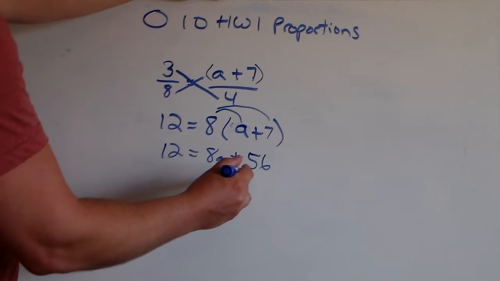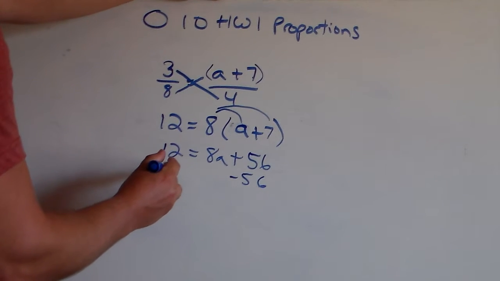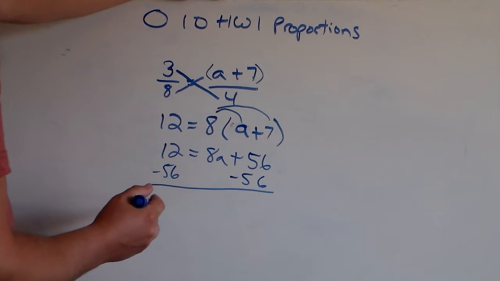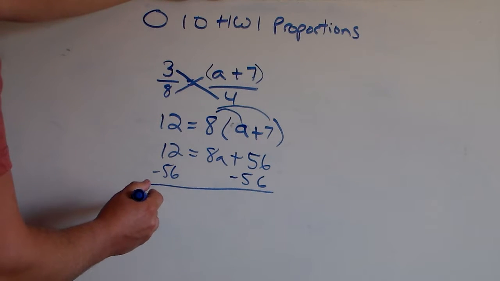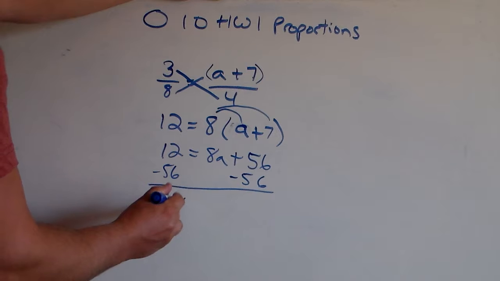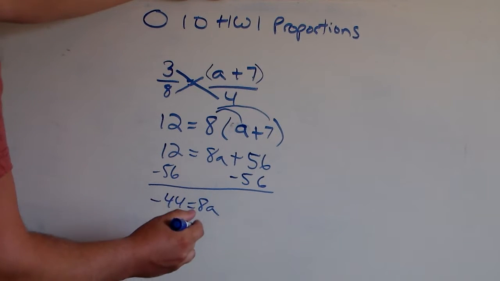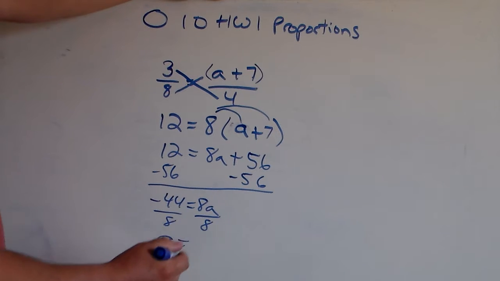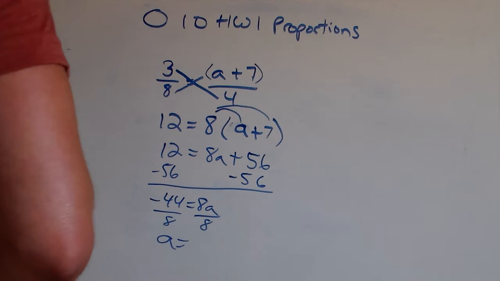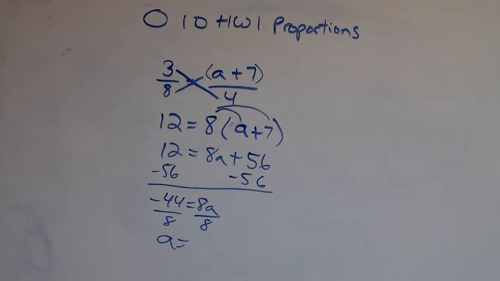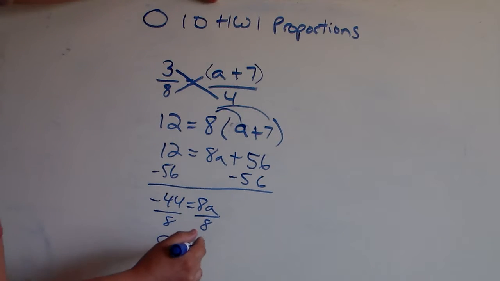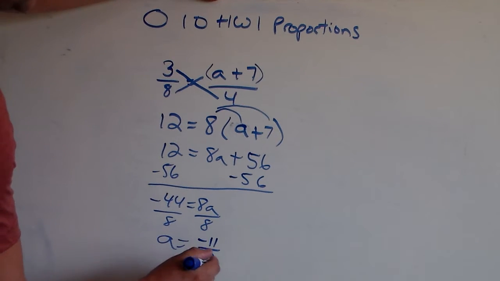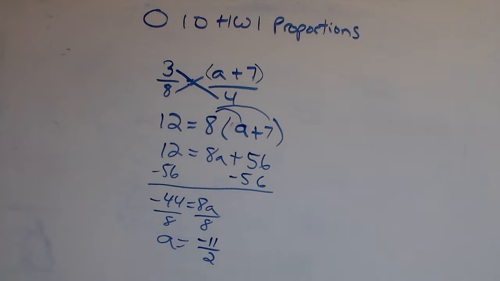Then what we do, we subtract 56 from both sides, which we get then negative 44 equals 8A. We then divide by 8, and we get A equals, well, negative 44 divided by 8 gets us negative 11 over 2. Negative 11 over 2, which is D.